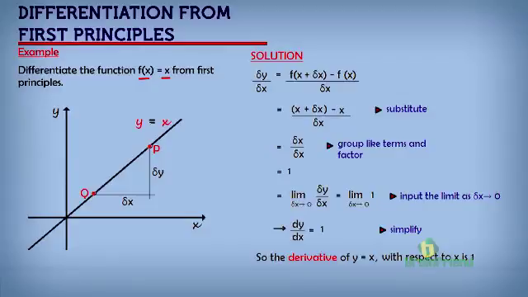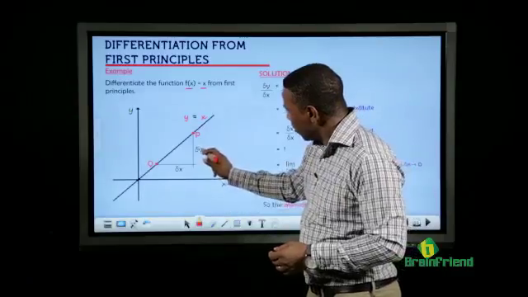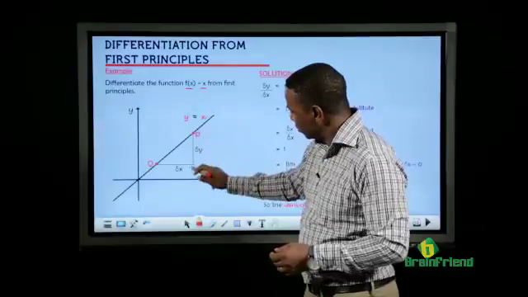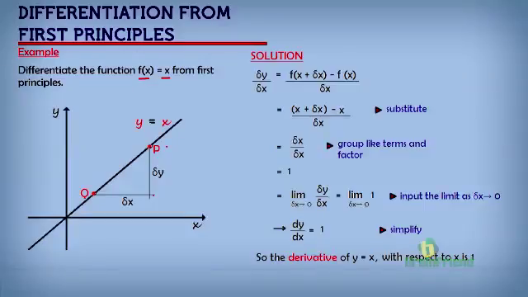We have a point Q, and we have another point P. Our delta y tells us that we have a change between this point and this point. Our delta x also tells us that we have a change. This was our original x, and this was our x plus that change.